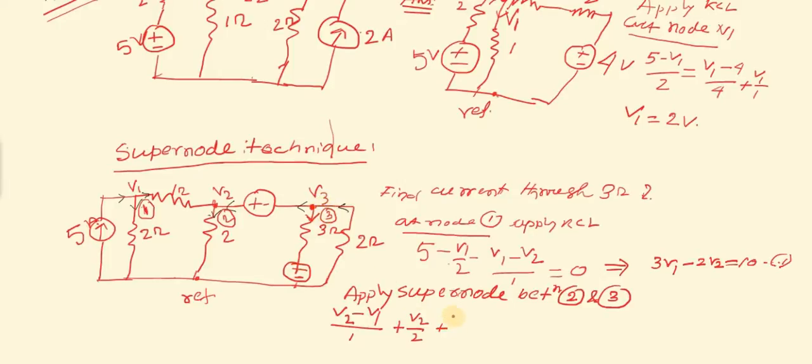So V3 minus 10 volt, this is (V3 minus 10) by 3, plus V3 by 2.